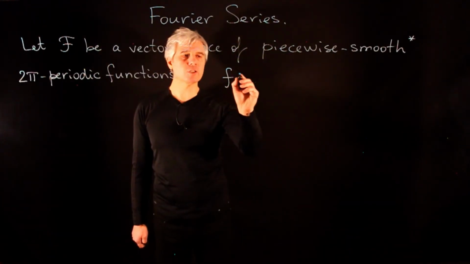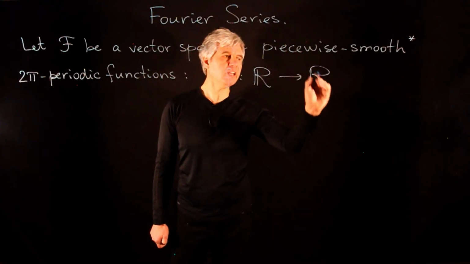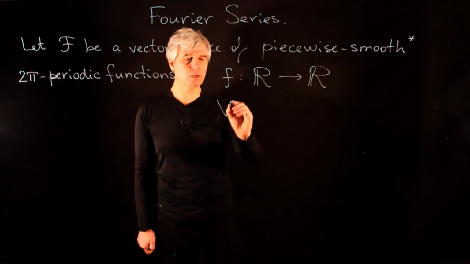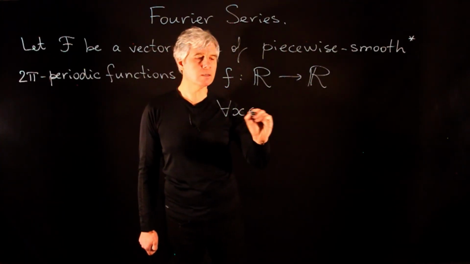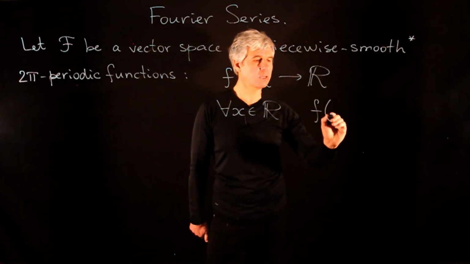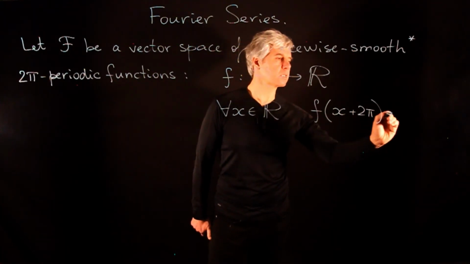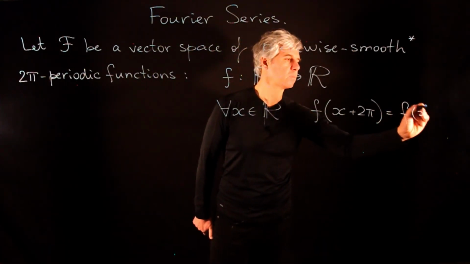These will be functions from a real line with real values, such that for all x in R, we have a condition of periodicity that f of x plus 2 pi is equal to f of x.